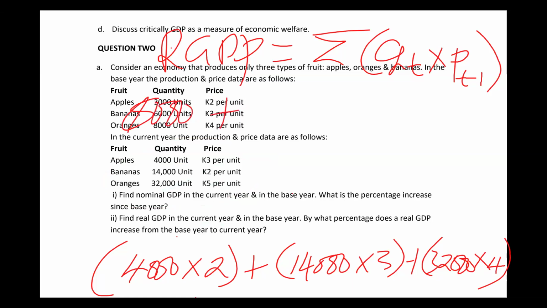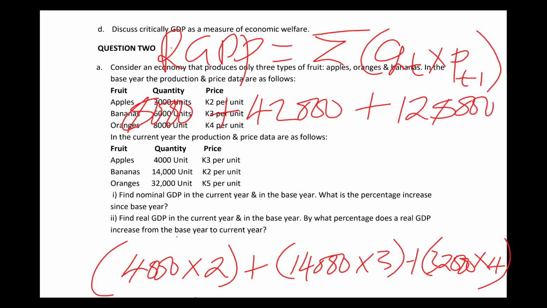Plus 14,000 times 3. What is 14 times 3? 42,000. Plus 32 times 4, which is 128.